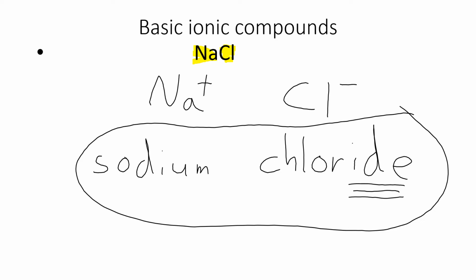We'll see that again in the next couple of examples, that there's no overt prefix or anything that tells us the number of each ion, and that idea of charge balance. That's a recurring theme in these ionic compounds.